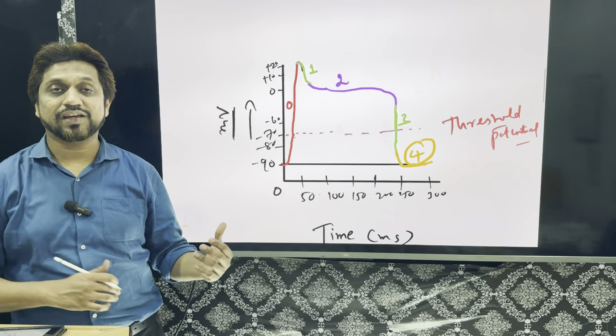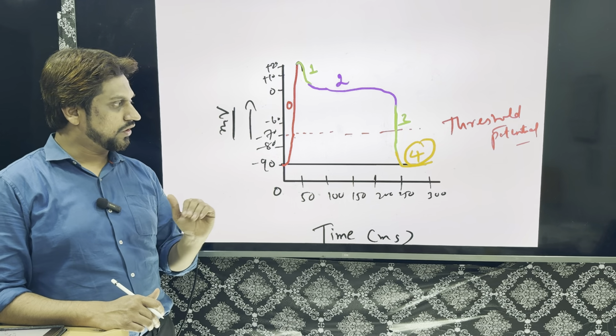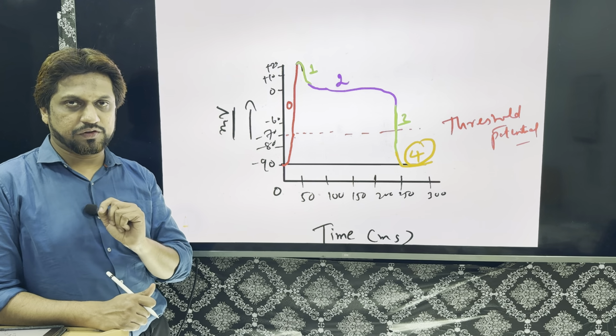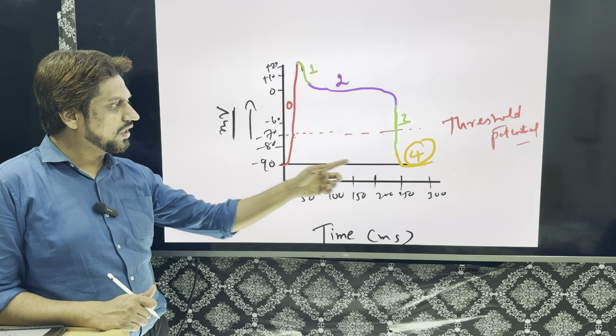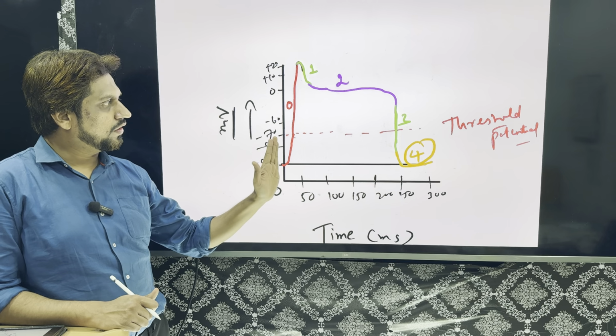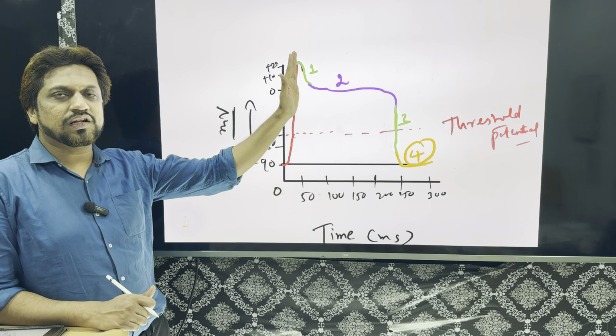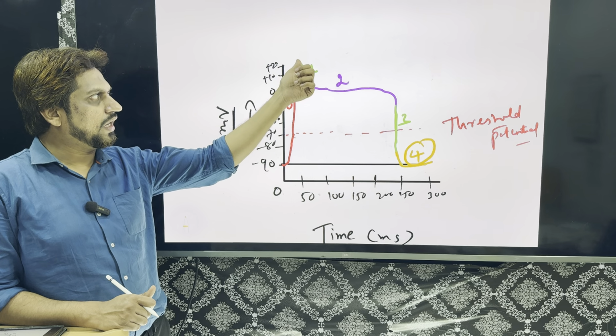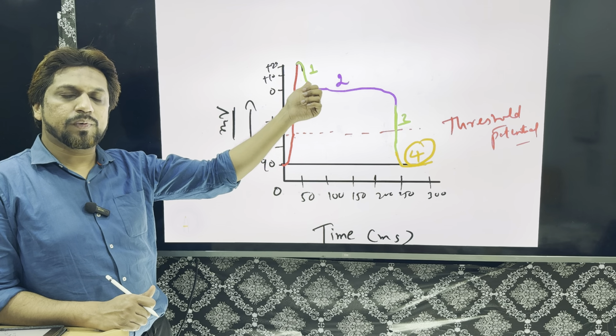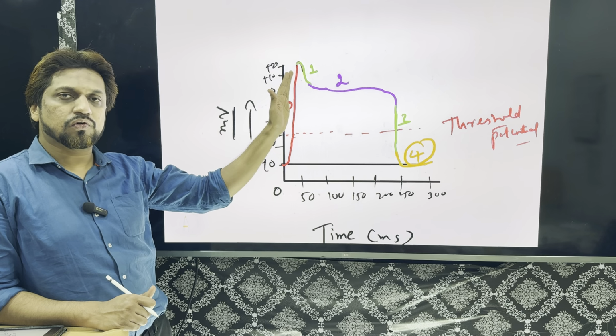Let us revise once again what we have studied today: the action potential curve in a cardiac muscle cell or myocardial cell. At rest it is minus 90 millivolt. There is opening of the voltage gated sodium channels and it becomes positive, that is phase 0. Then phase 1 is due to the opening of potassium channels and closure of sodium channels.